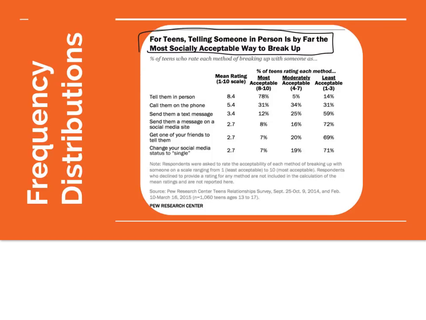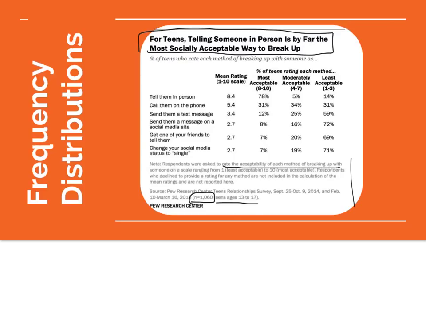Usually it's very important to read the legend, and here the sample says N equals 1,060, and it's teens, ages 13 to 17, and this survey, I think, is to rate the acceptability of each method of breaking up.